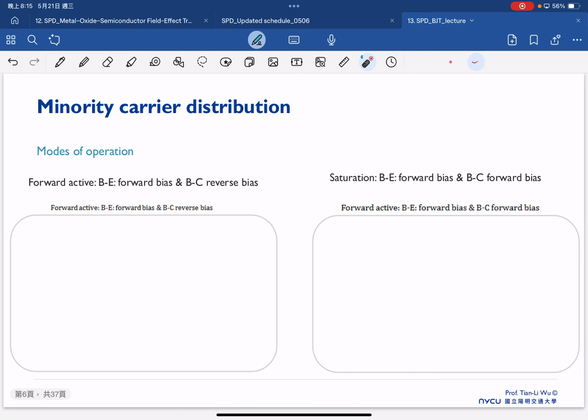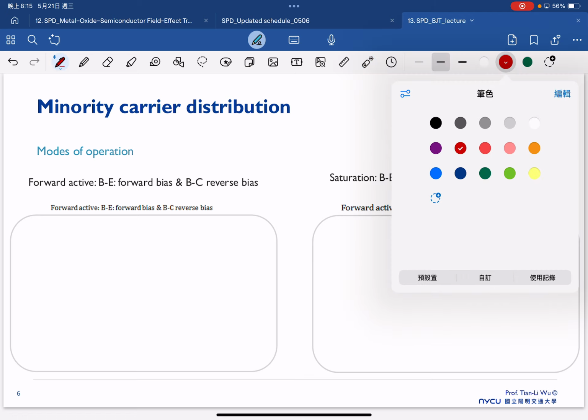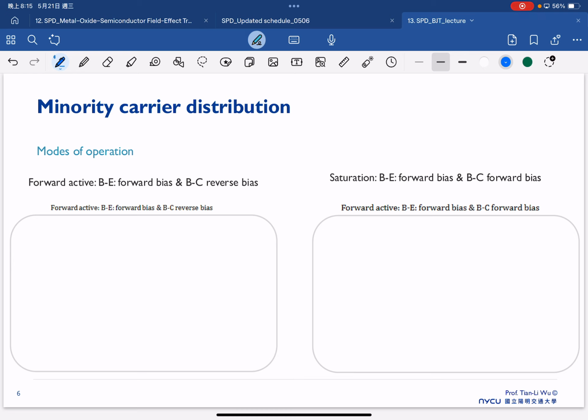But now we have to come back again to start to analyze the carrier distribution. We just finished the MOSFET, and in the case of the MOSFET we never talked about carrier distribution. But when was the last time we talked about carrier distribution? It was in the case of the PN junction, because of the current transport. If you still remember the conclusion for the PN junction, how do we determine the current characteristic?